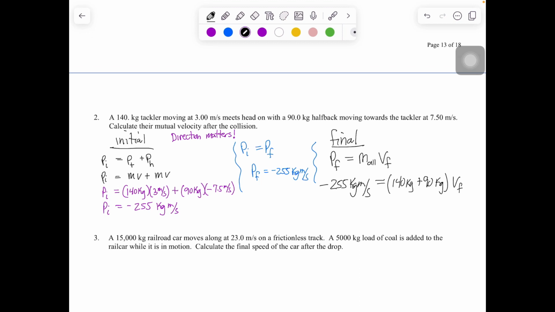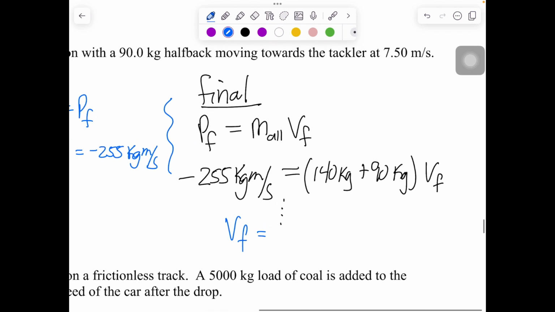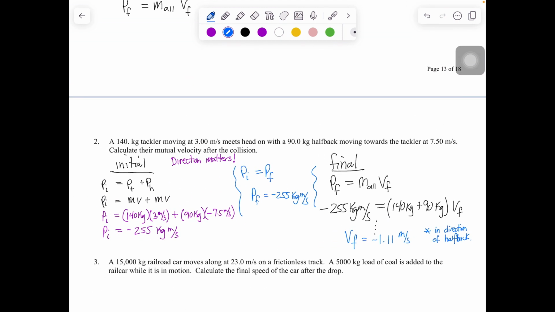If you do all of that math, go ahead and do the algebra, we get a final velocity of a negative 1.11 meters per second. So that means in the direction of the halfback.